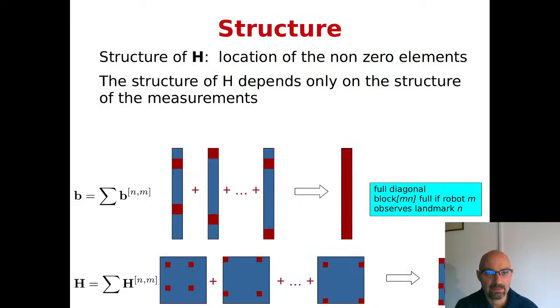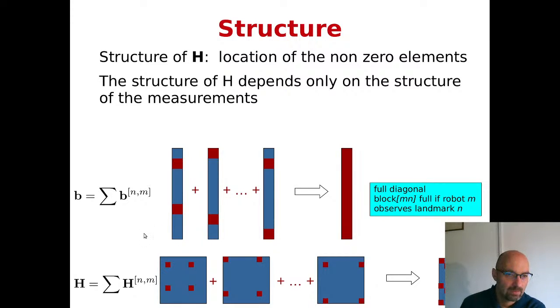Now, some consideration that is important, and we will recap the next time, is about the sparse structure of H while we construct this linear system. Let's imagine that we have a Jacobian that is correlating this robot position and this landmark position, okay?